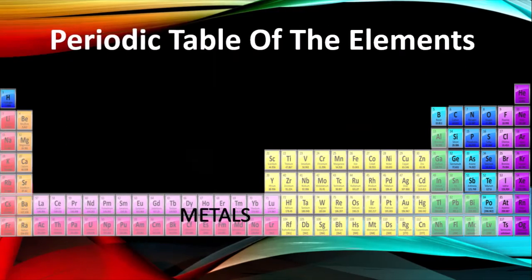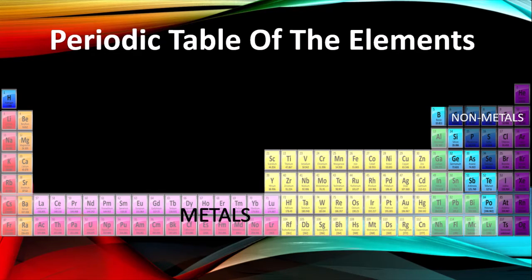The periodic table has been divided into two parts, metals and non-metals. Nearly three-quarters of the periodic table is metals.